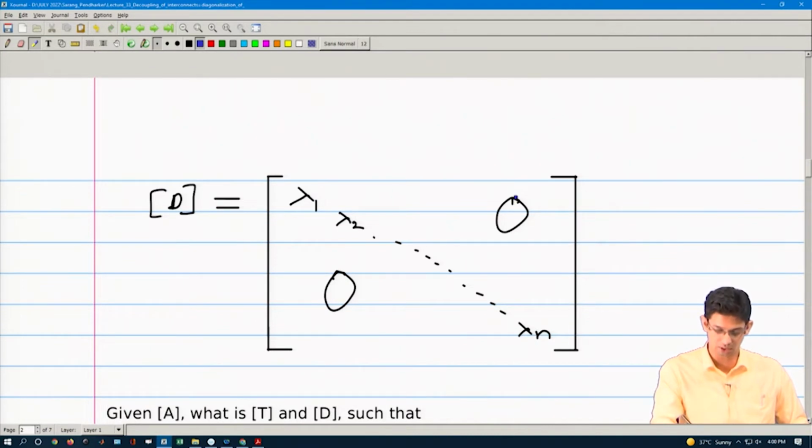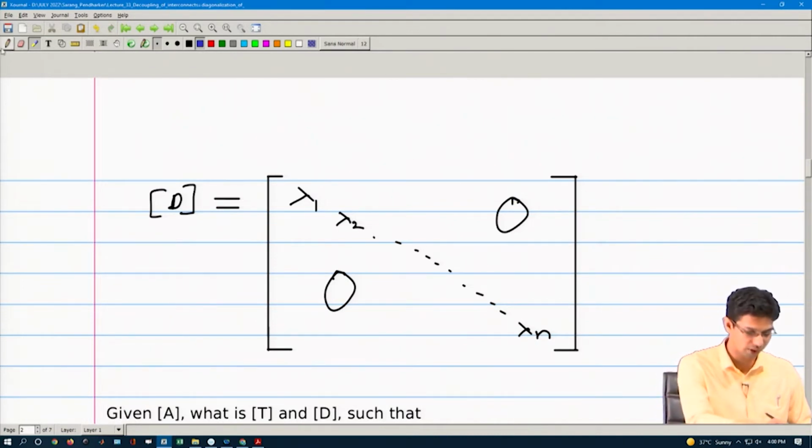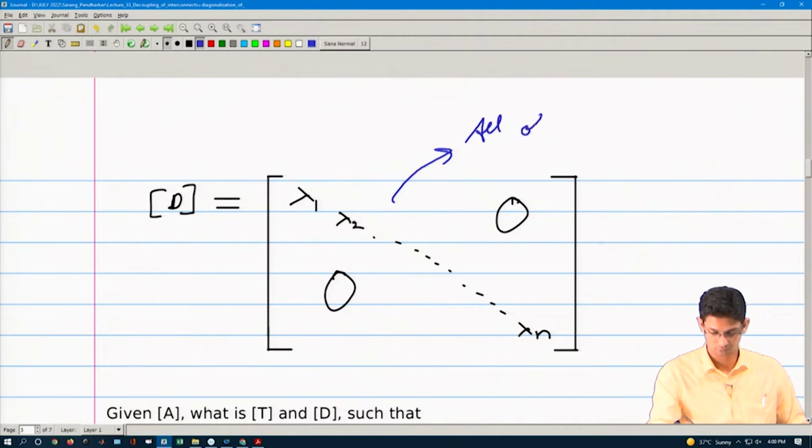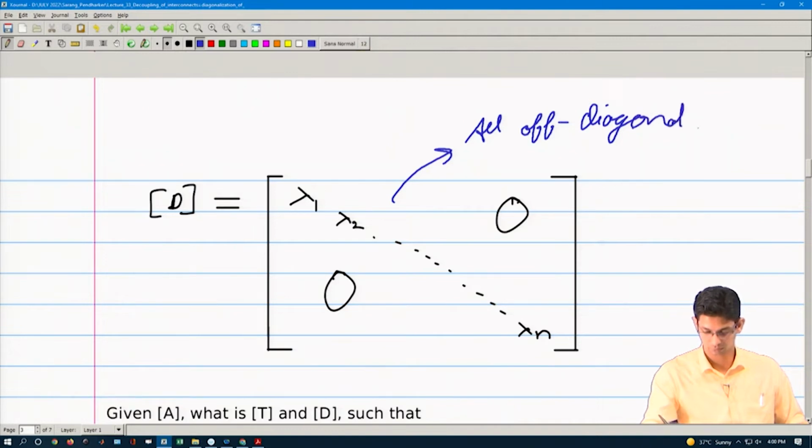All these are zeros, right, all off-diagonal terms here are 0.